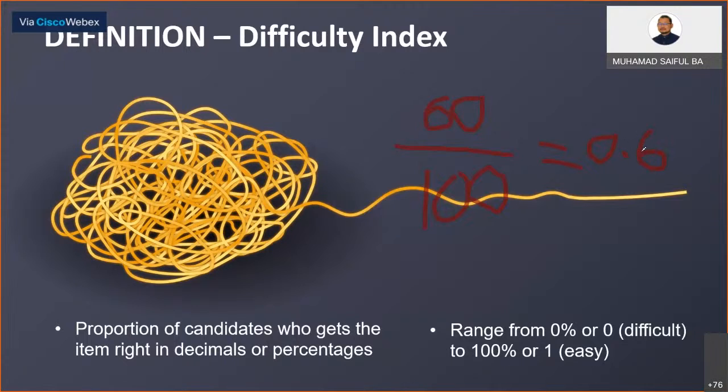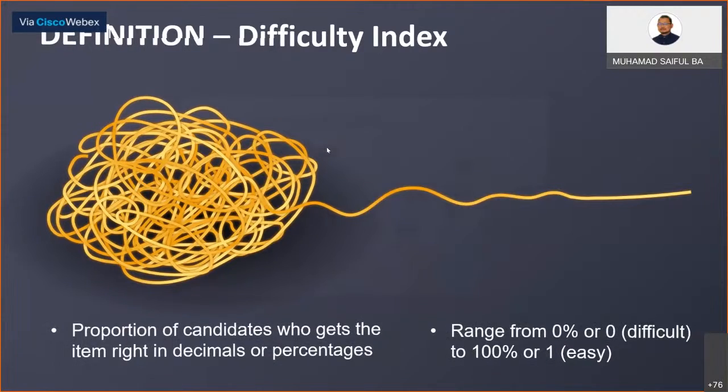As easy as that. That is only the proportion of students who get the correct answer. So 60%, okay, 60% of the students are able to get the answer correct, that is 0.6. Now how are we going to use this?